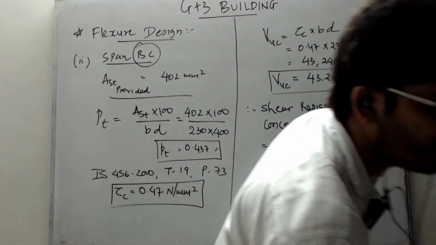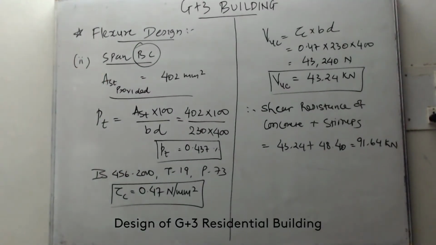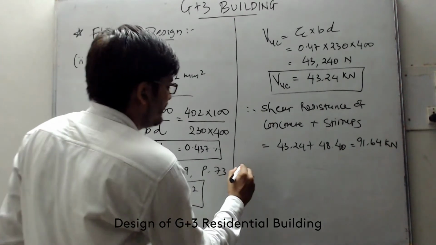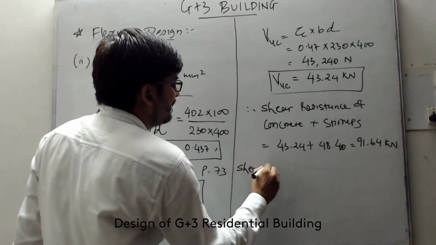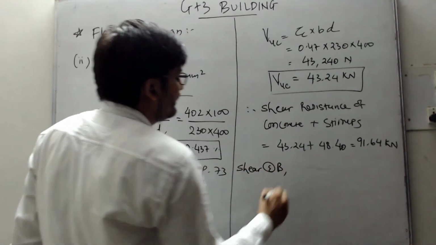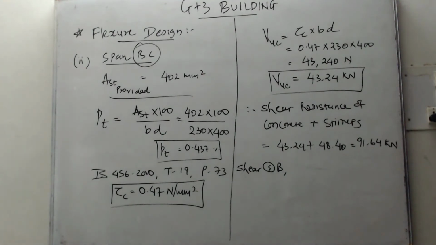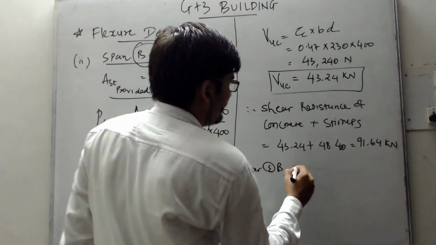Once we get this total shear value, we need to find out shear at B. Shear at B is denoted by VU. Again we are finding shear at B at distance d equal to 0.4, so 93.64. This is 93, not 91.